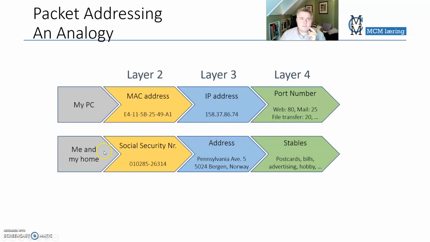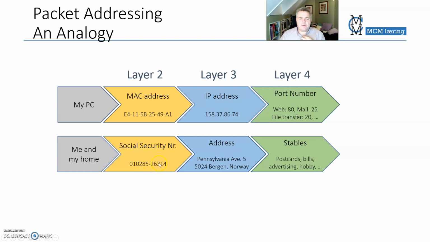If I were to explain it using an analogy, the MAC address could be compared to my social security number. Of course, that's not my social security number; I would never post that on the internet. But if it was, it's a number that is unique to me, and it was given to me the day I was born.